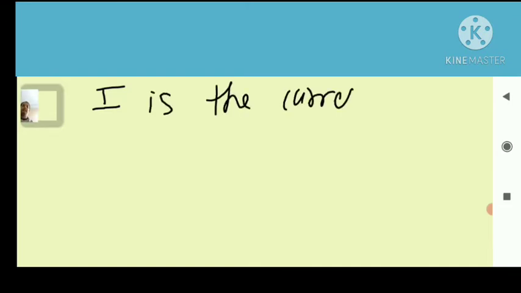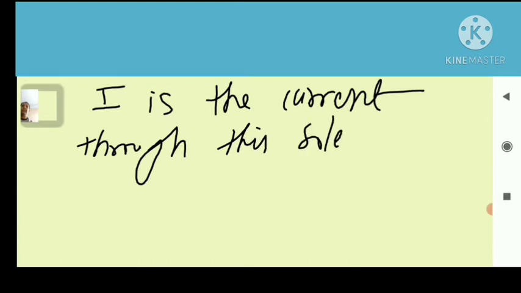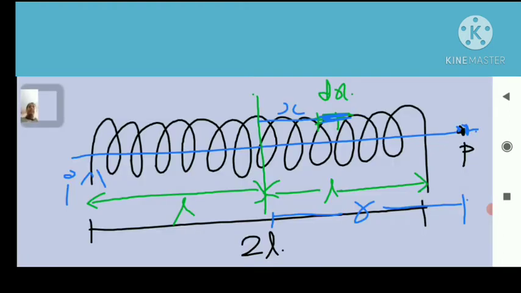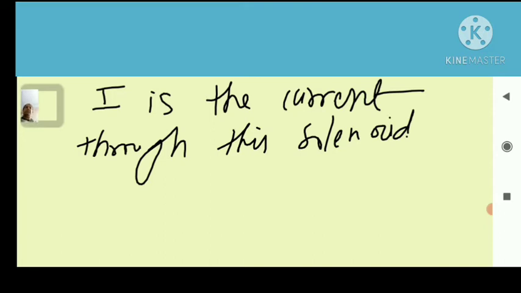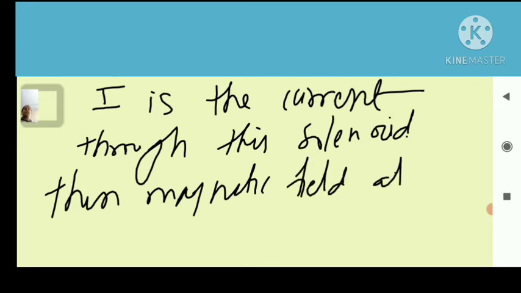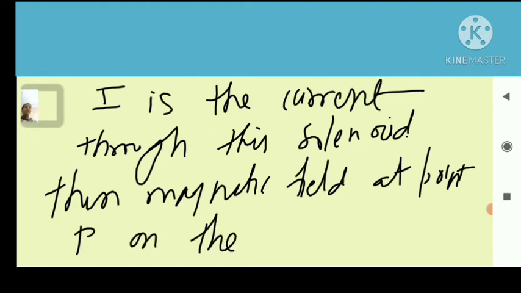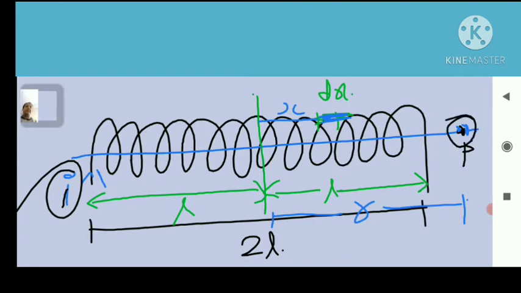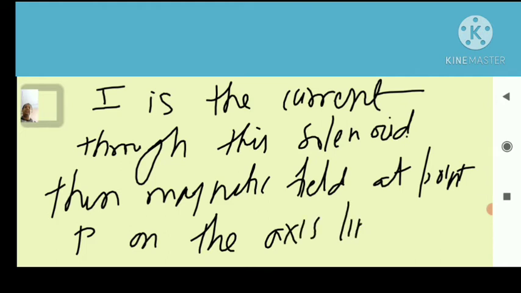So if I is the current through this solenoid, then we find the magnetic field at point P, this point P on the axis line of the solenoid.